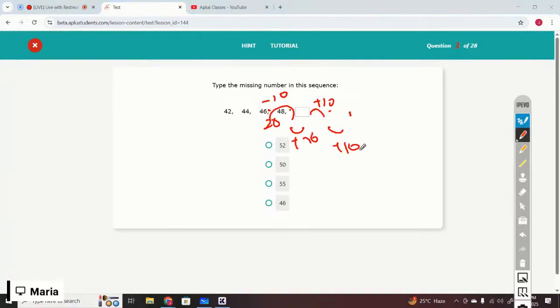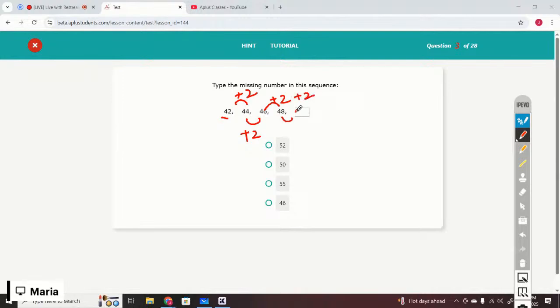Okay, the next one is type the missing number in the sequence. 42 plus 2 is 44. That is basically skip counting by twos, right? 44 plus 2 is 46, and 46 plus 2 is 48. So for the next one, you need to add another 2. 48 plus 2 is 50.